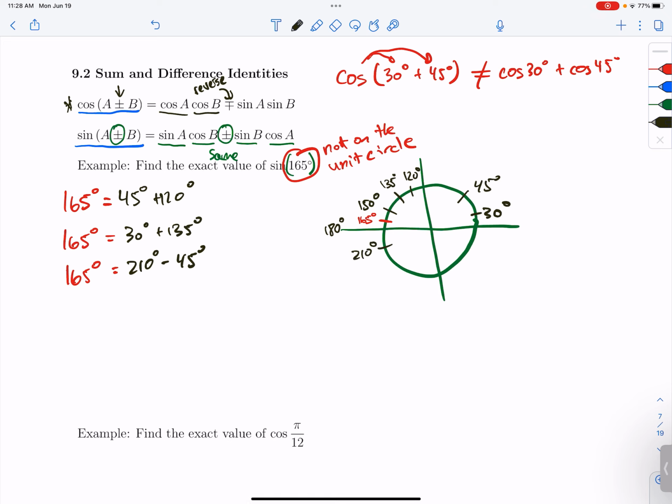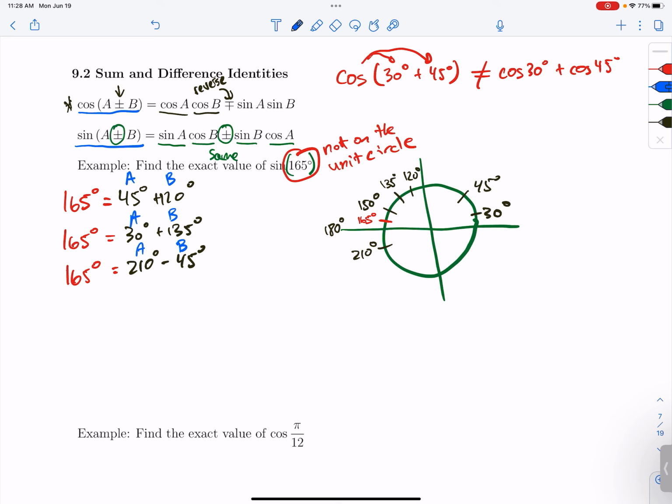So all of those are possibilities for the A and the B from the formula. It doesn't matter which combination we use, and actually there's an infinite number of combinations, but usually we want to pick something in the first revolution around the unit circle.